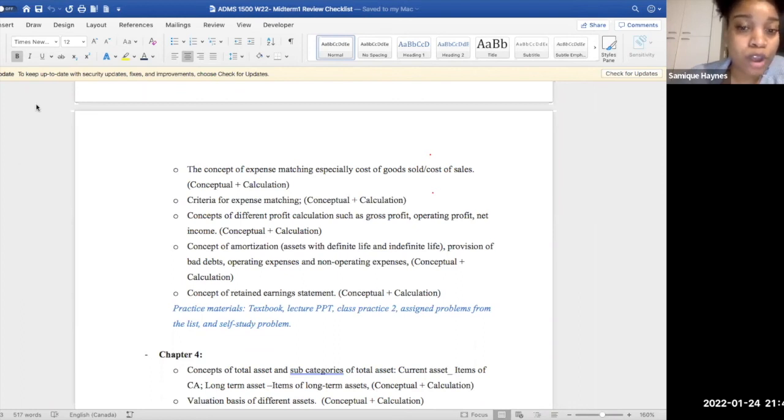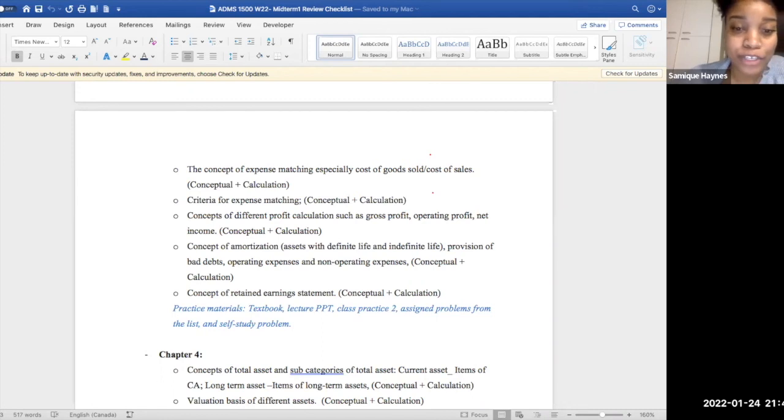And from our gross profit, we deduct something to get to our operating profit. What do we deduct from our gross profit to get to our operating profit? Operating expenses, very good. And then what do we deduct from our operating profit to get to our net income? Tax and interest. Awesome, good job.